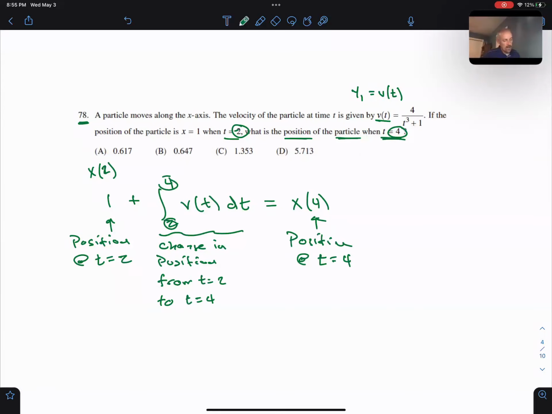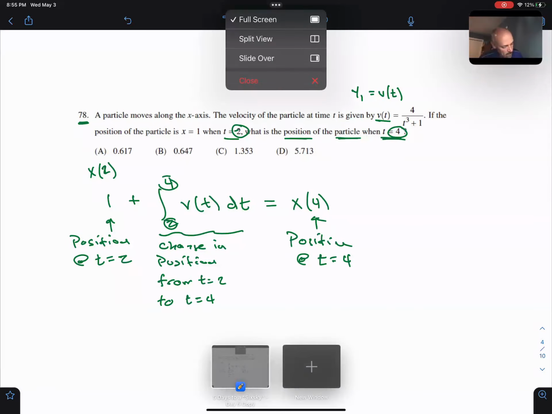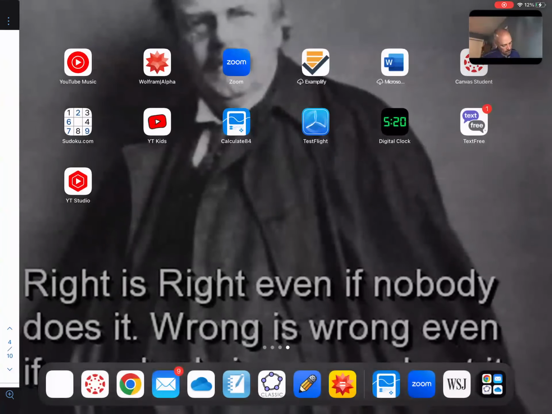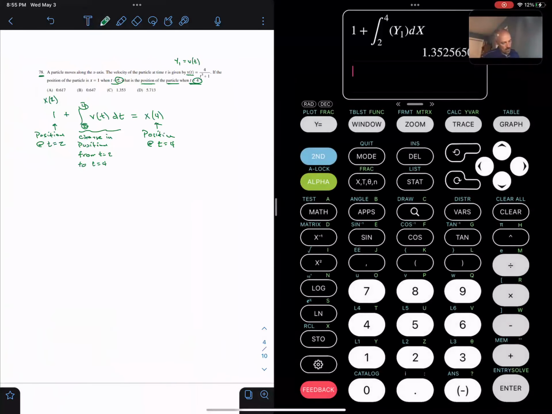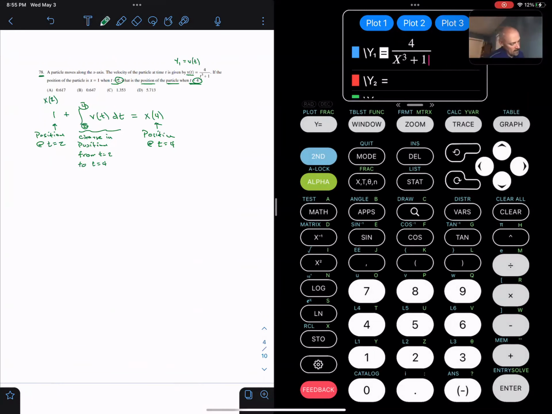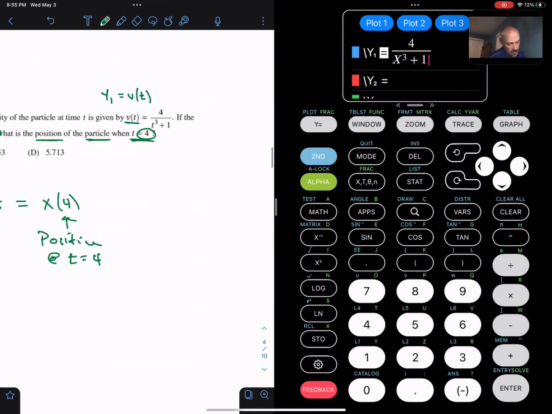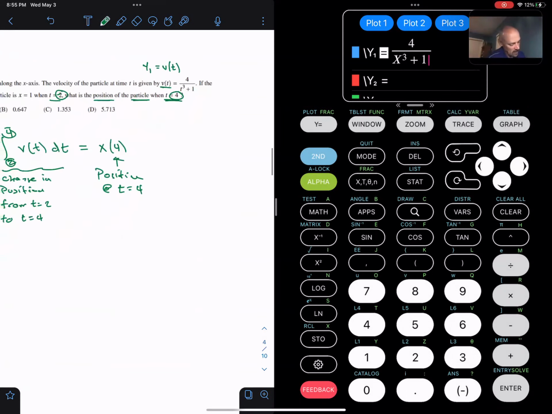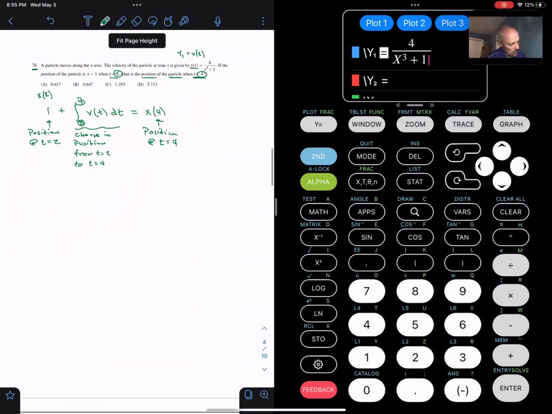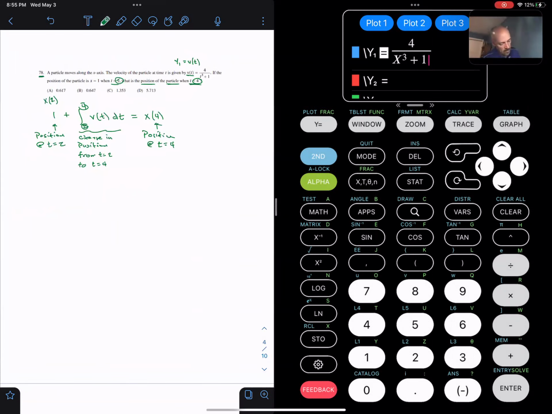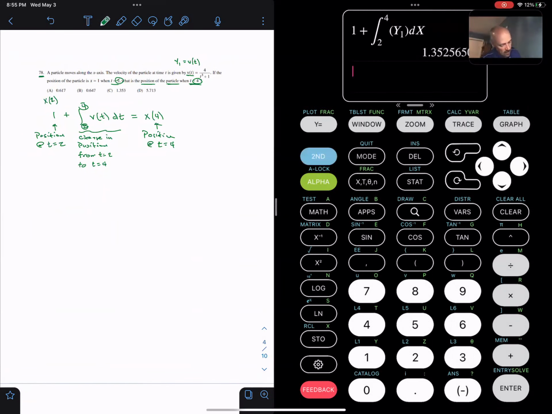Okay, calculator time. So here we go. Let's see what we got in here. There's my velocity function, 4 over, obviously using x in place of t in my calculator, x cubed plus 1. So that is my velocity. So now I'm just going to put this in.